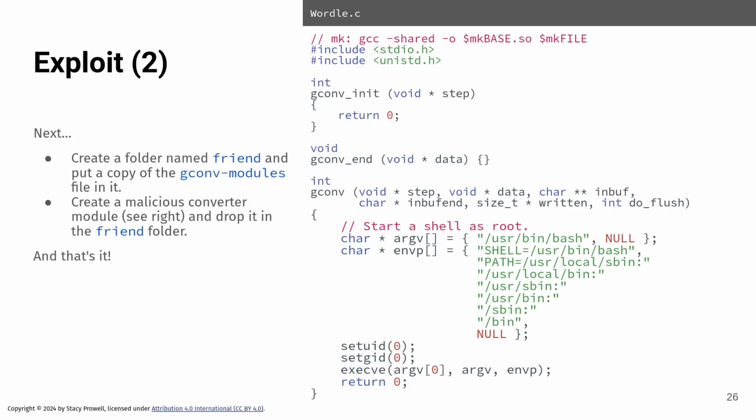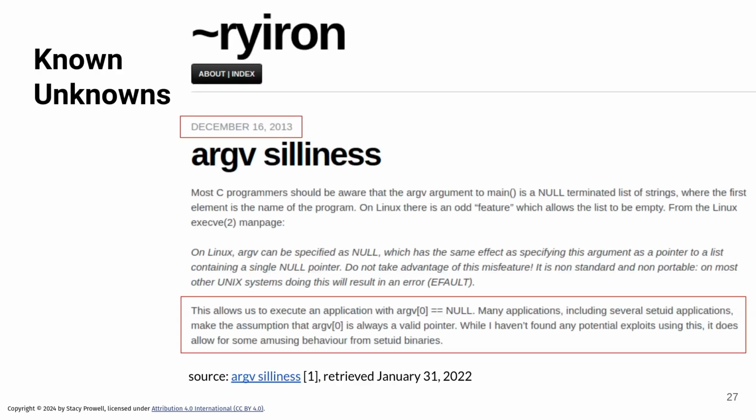And then I do an exec. So if I can get pkexec to run this code, it will start a bash shell as root. And that's what I really want. So I compile this, I add it to the list of gconv modules, I shove it in a local directory, and I run it, and I'm root.